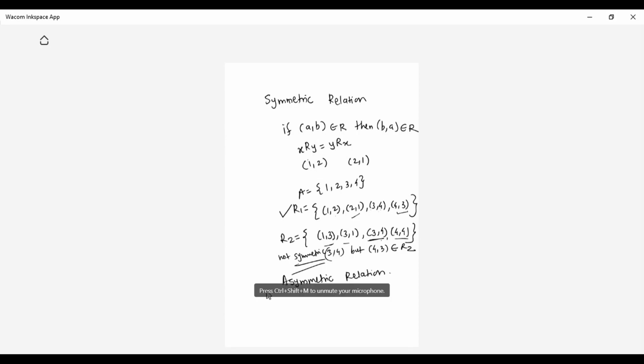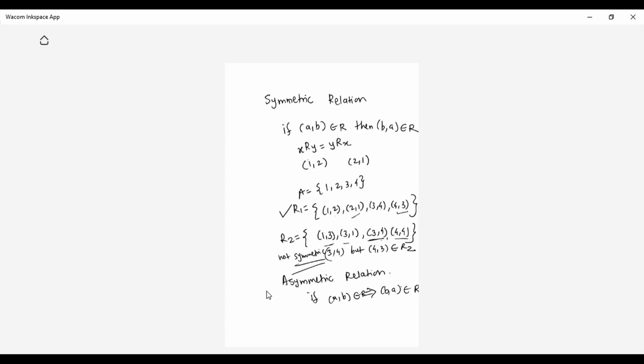The definition of symmetric relation is: if A comma B belongs to R, then B comma A has to be there in R. So asymmetric relation means a relation R on a set A is said to be asymmetric if A comma B belongs to R, but B comma A does not belong to R. If A comma B is there in the relation, then B comma A should not be there in the relation, student. That is the definition of asymmetric relation.